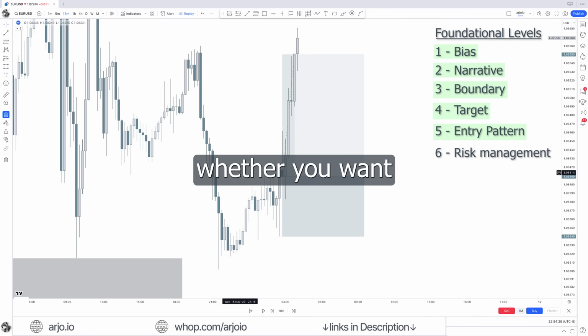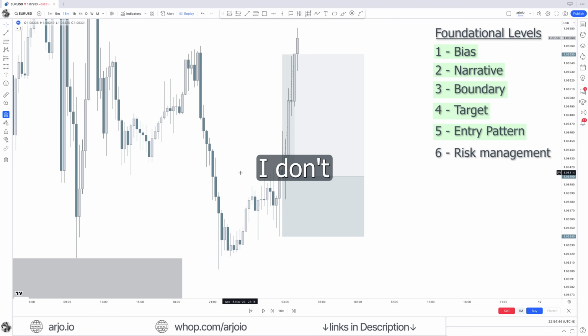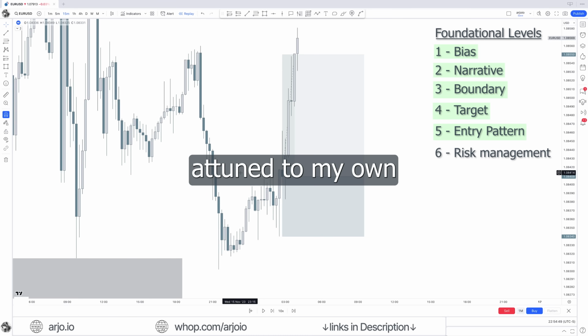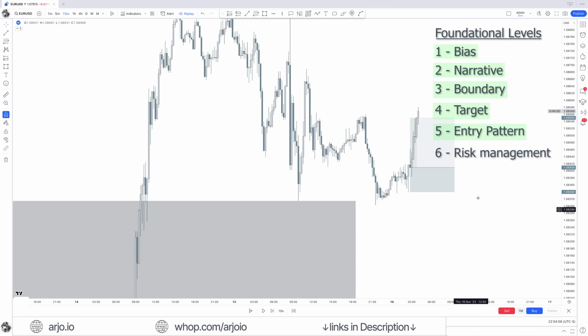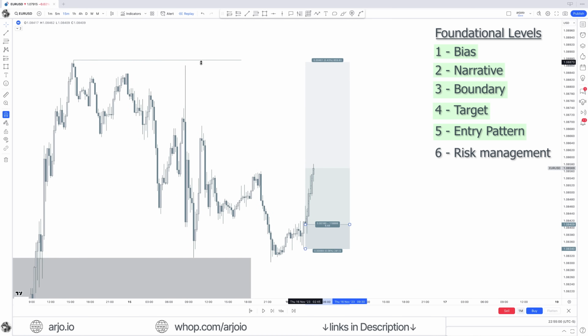You need to know whether you want to take partials. I personally, just to give you a quick insight, I don't take any partials. I don't like partials. I don't really see the benefit from them for myself. Of course, that is attuned to my own trading plan. Because if you are targeting very far and you're targeting a high RR, then I could definitely see, if we target that context high right there in the form of that swing high we determined on the daily, why you would want to take profits and take a partial at 1 to 2.